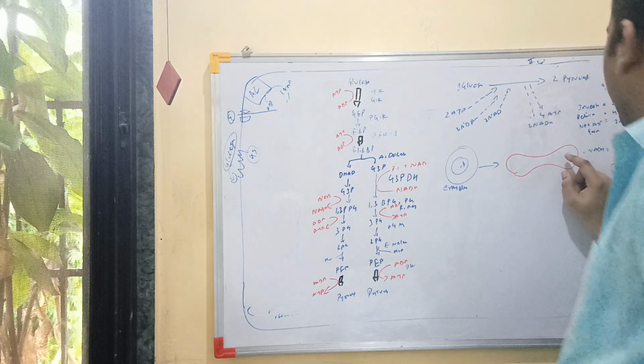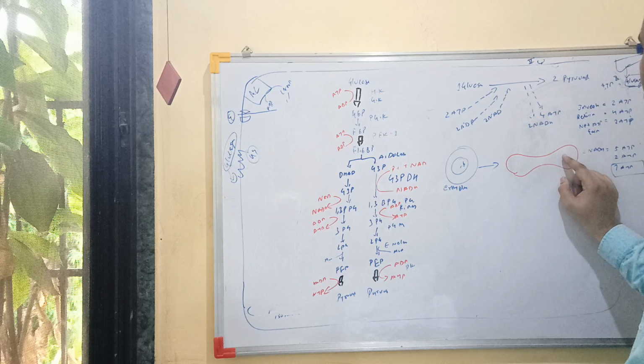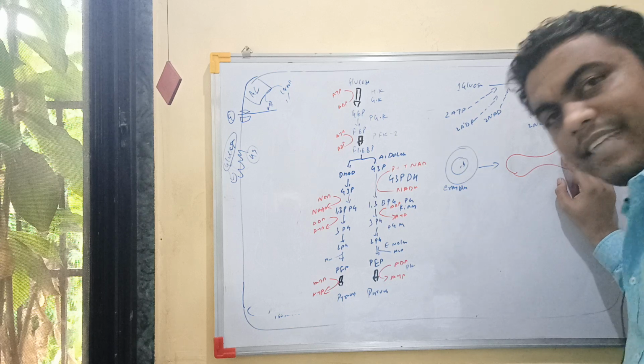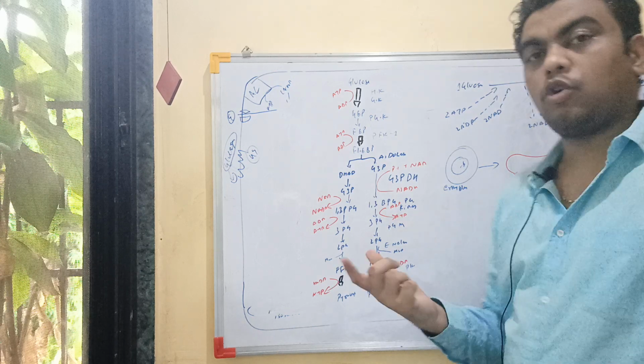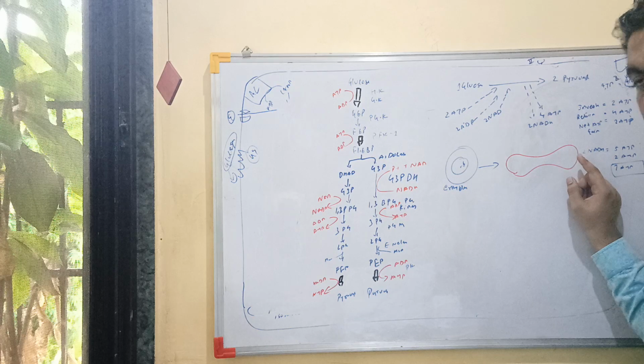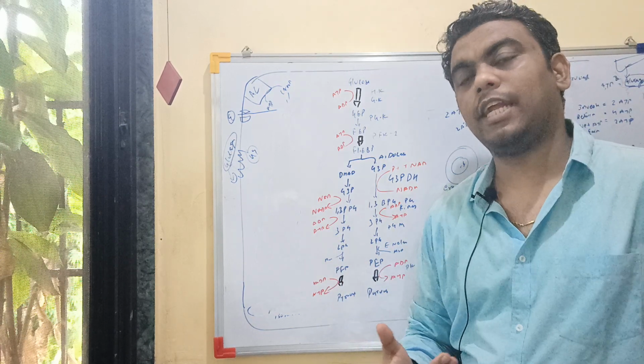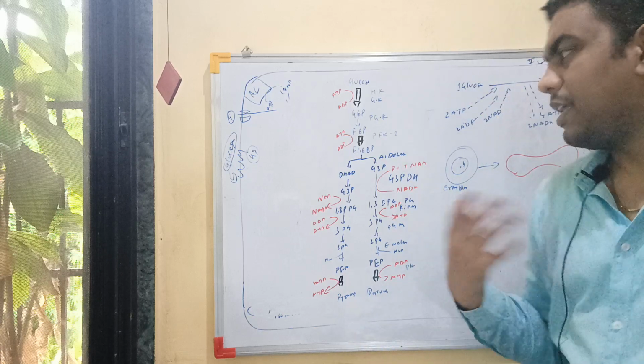So of course, erythrocytes or RBCs do not have the citric acid cycle, because they don't have mitochondria. They have oxygen but they do not have mitochondria, so the citric acid cycle and electron transport chain will not run properly.